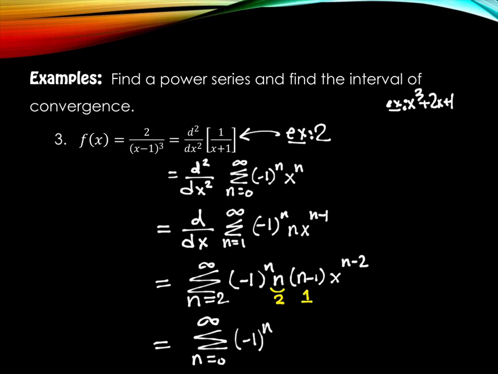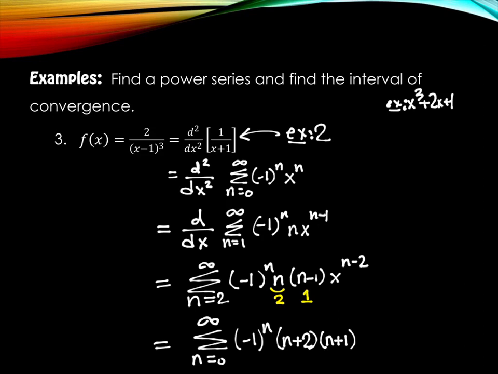Everybody good with that? So I actually end up shifting it slightly by putting in the number 2. So what I end up needing to do is make the shift that changes the n to be n plus 2 and the n minus 1 to be n plus 1. I have to add that 2 back in. I'm off by 2 if I just change my 2 to a 0.